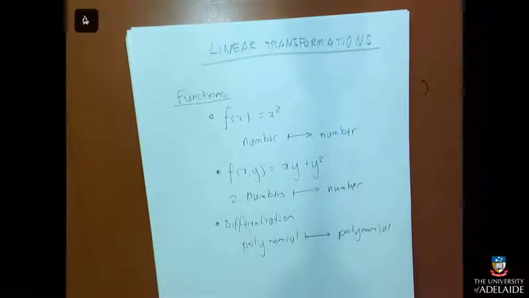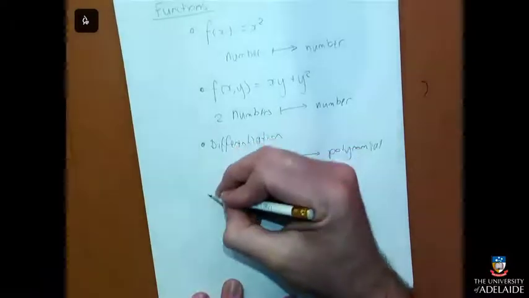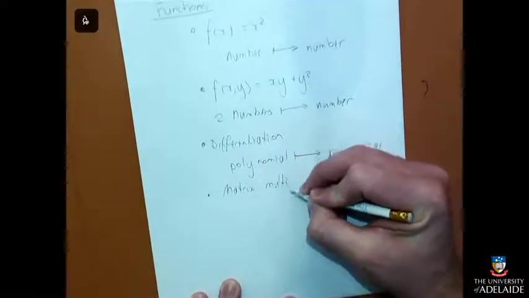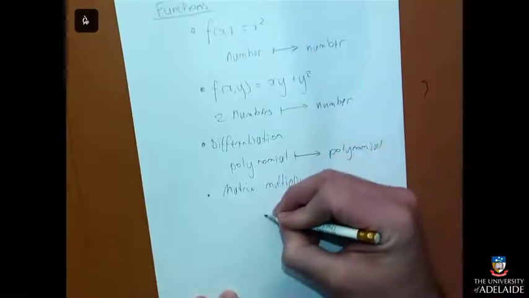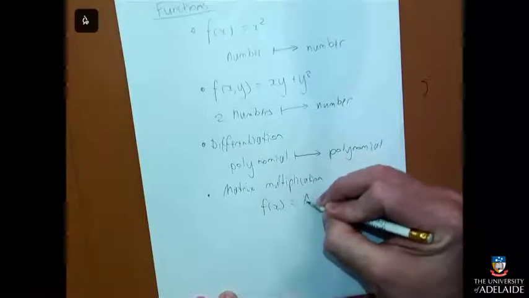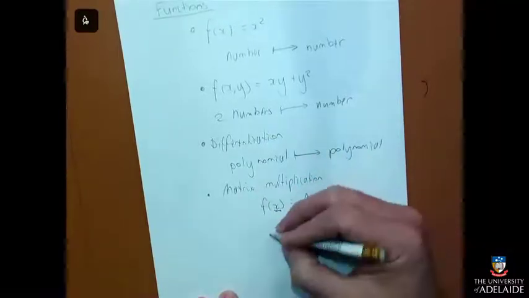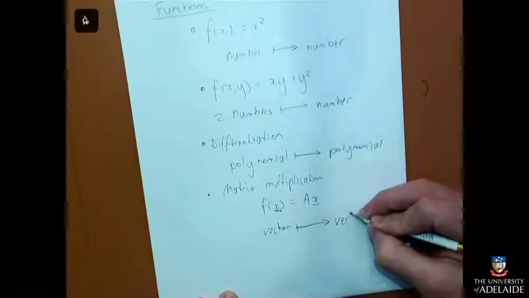Functions do that. And so we're going to start thinking of matrices as functions too, because you can now have matrix multiplication where f of x is A times x, where x is a vector this time. And so this takes a vector and produces afterwards a new vector.